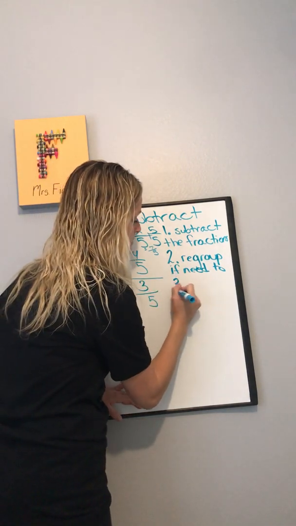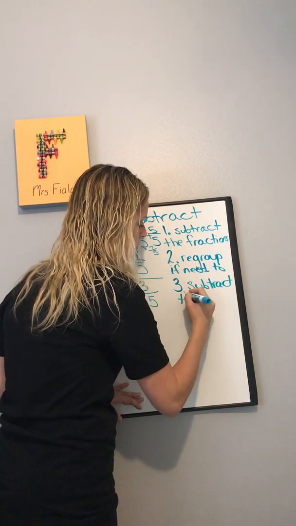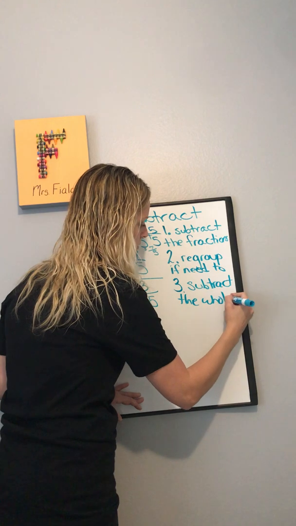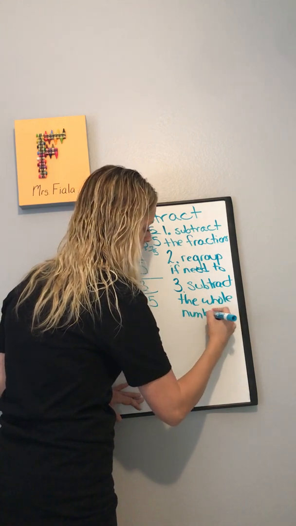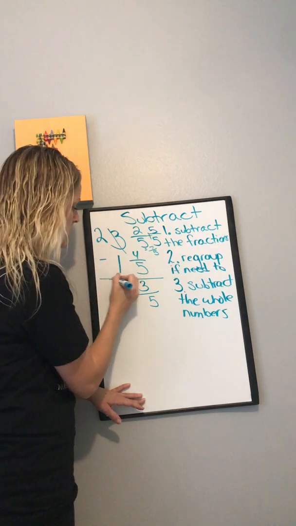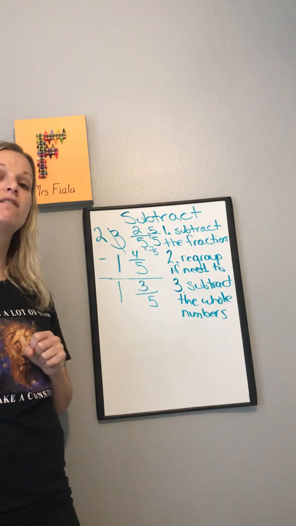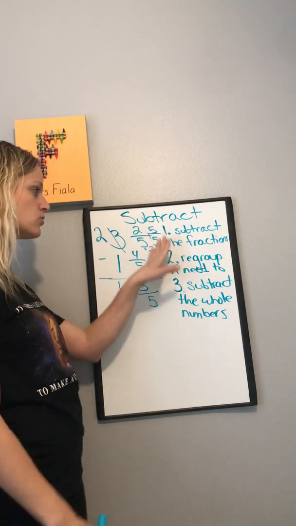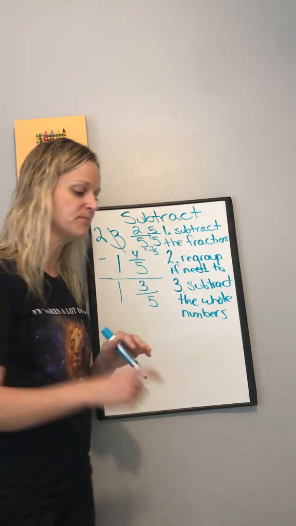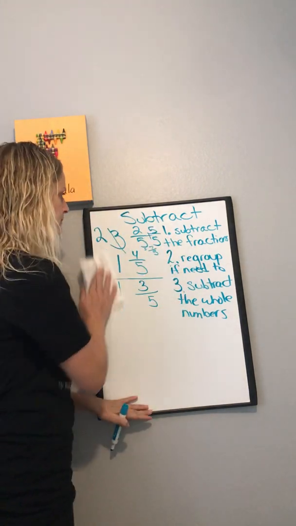Now my next step is going to be subtract the whole numbers. Okay? So 2 minus 1 gives me 1. So my answer is 1 3/5. Okay, I know that was a little tricky, so I'm going to do a few more of those examples, okay? Write down these steps so you have them to help you, all right?